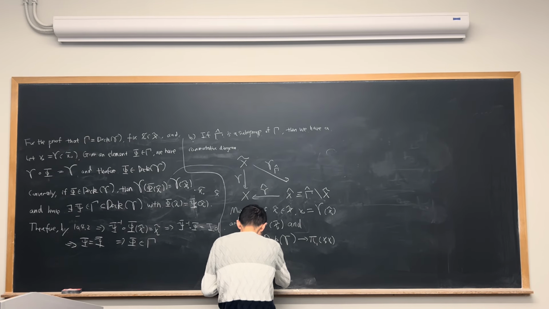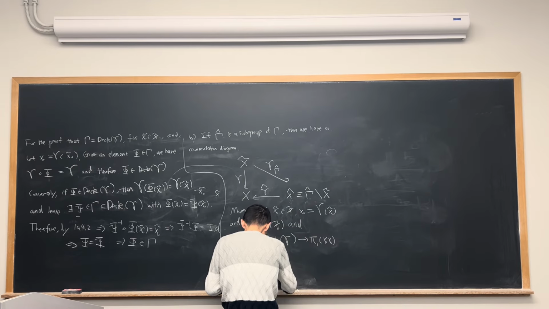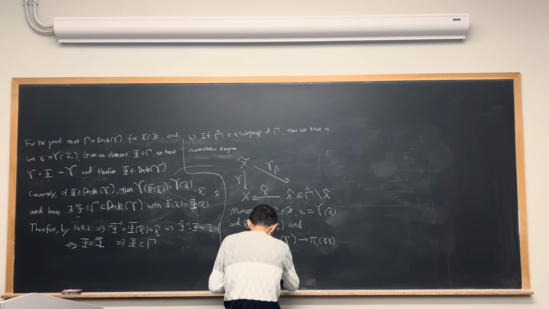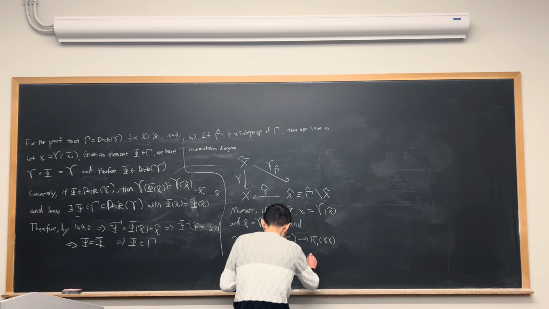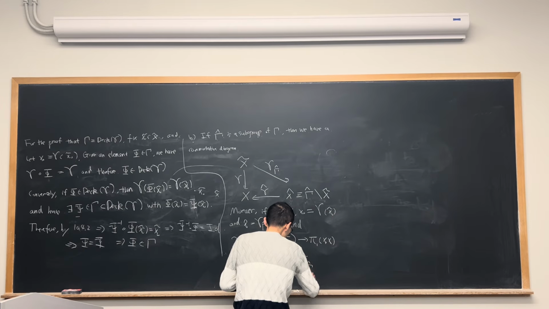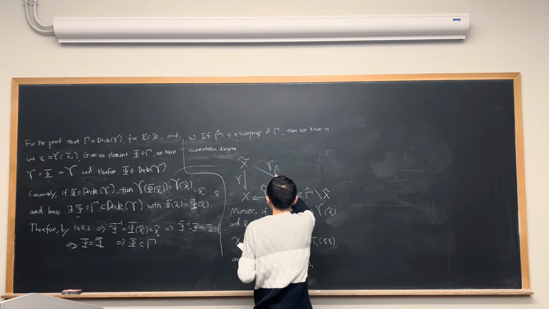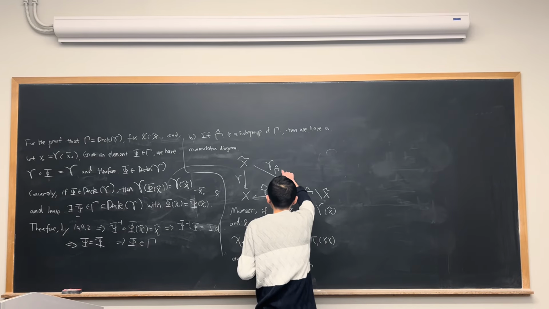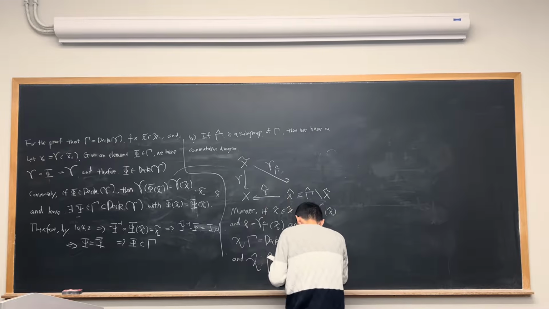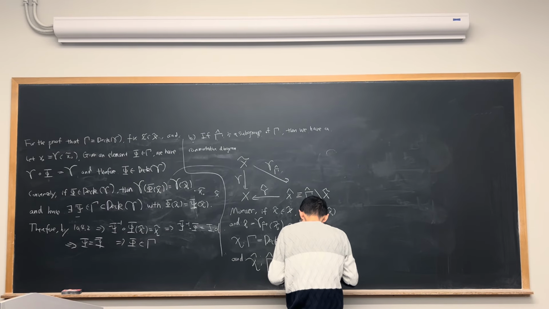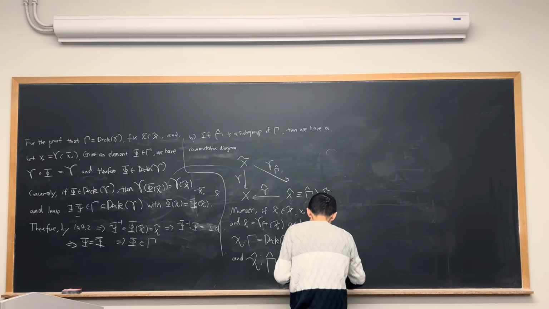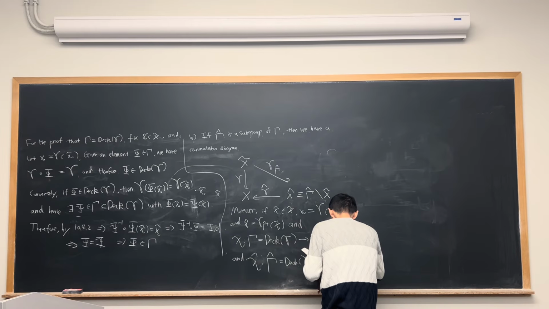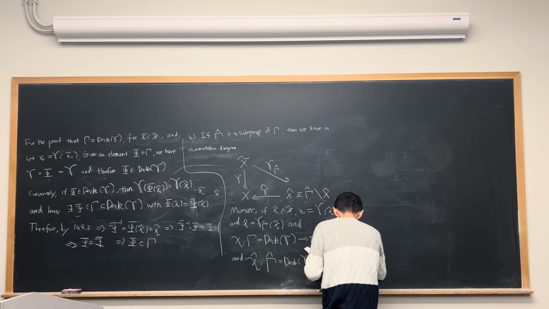So from this group gamma hat, which is equal to the deck transformation group of this gamma, the covering projection of this one, with respect to this gamma hat, the group gamma hat, and then to pi 1 of x hat, x naught hat.